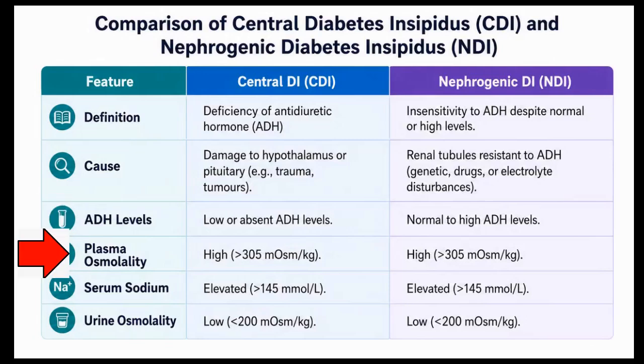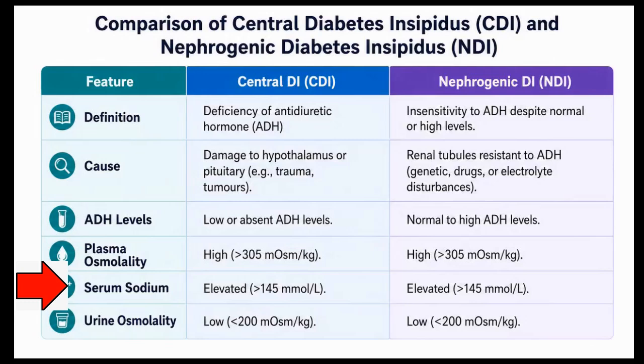4. Plasma osmolality. Both types show high plasma osmolality, more than 305 mosm per kilogram. This finding cannot differentiate the two diseases. 5. Serum sodium. Both show elevated serum sodium, more than 145 mmol/L. Again, water is lost.